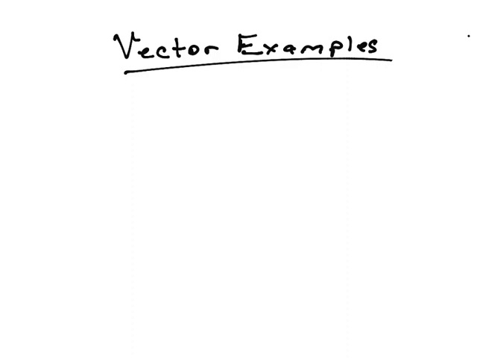So I'll start. Our first question, let's say vector A is a vector whose magnitude is, let's say, 5 meters and points at 30 degrees north of east.